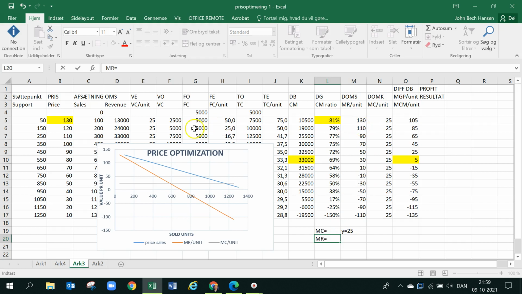We can see that for every increase in sales of 100, using the support points here, from 50 to 150, it is decreasing by 20. So it will be, we can say, y equals minus 20 divided by 100x.